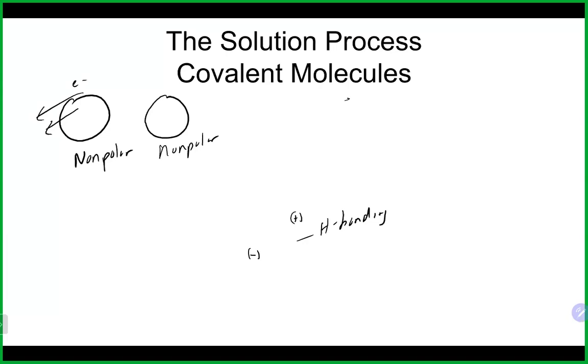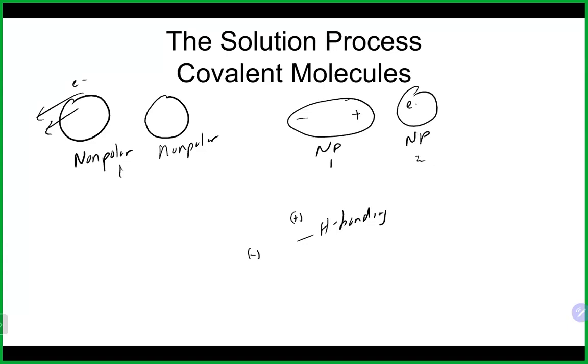What that's going to do is temporarily cause a charge to occur in that molecule that normally doesn't have a charge. So we'll call this number one. This nonpolar guy number one will now have a charge that it doesn't have. It only has it because all the electrons decided to go to the left rather than stay evenly distributed.